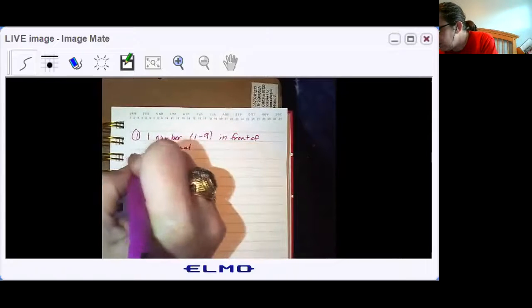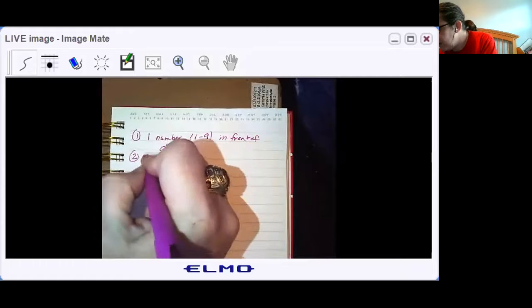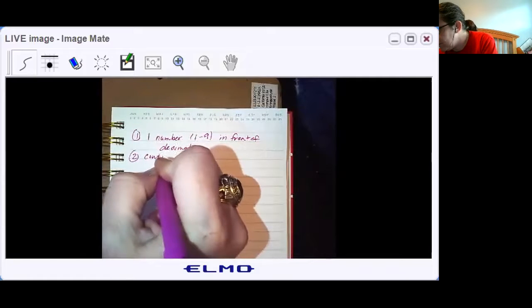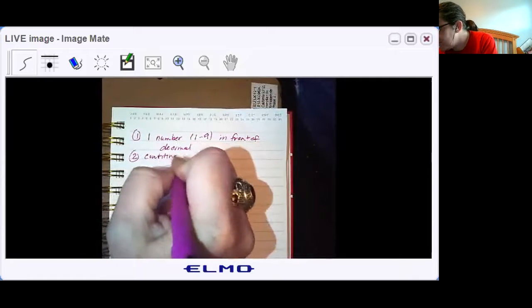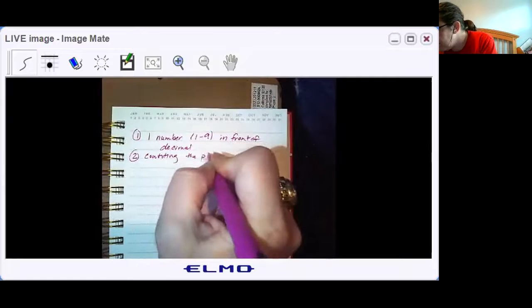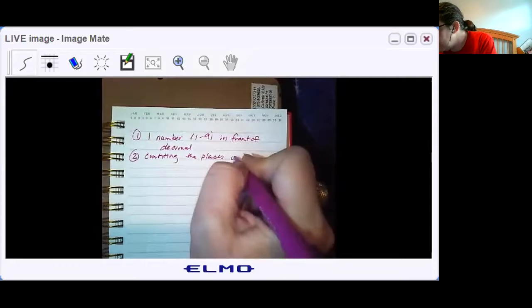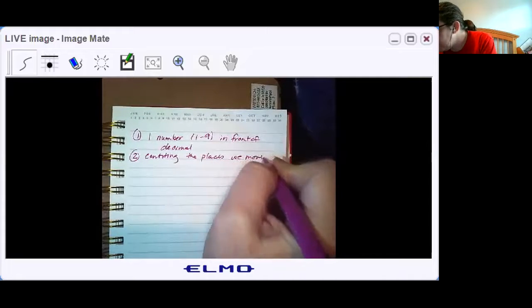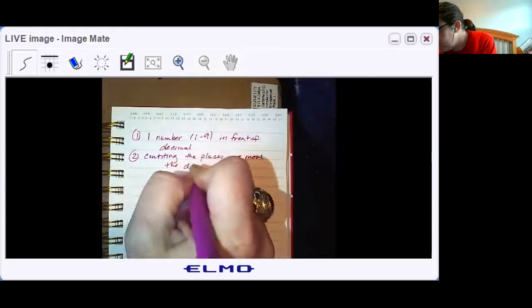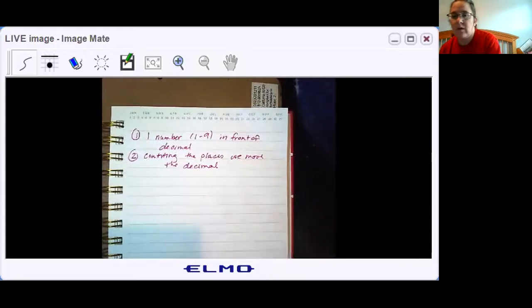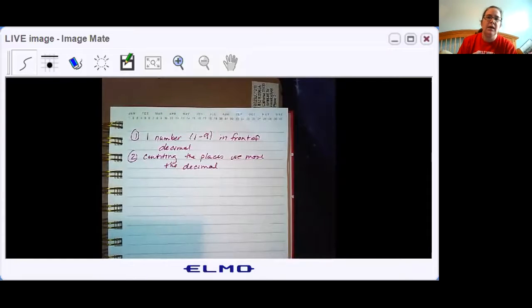We also are going to be counting the places we move the decimal. Scientific notation is a number in decimal form times 10 to some power. And counting the decimal allows us to move things back and forth.